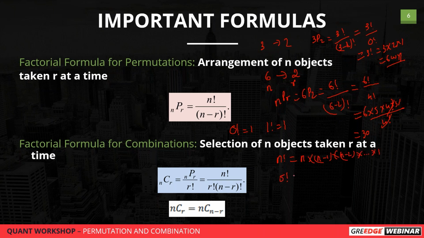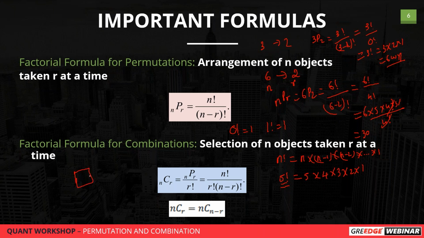For example, 5 factorial is 5 into 4 into 3 into 2 into 1. Also, 0 factorial equals 1. That means nothing can be arranged in one way. For example, if I have an empty box, how many different ways can you arrange it?